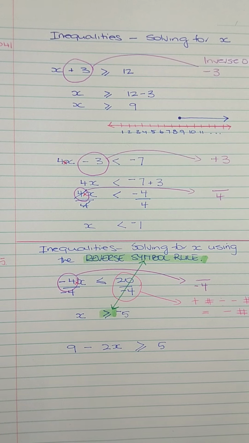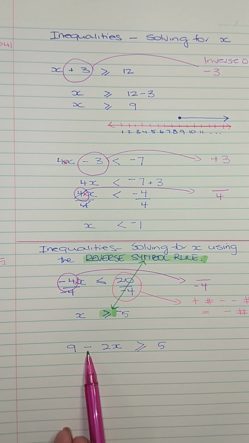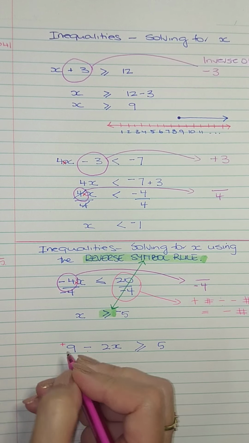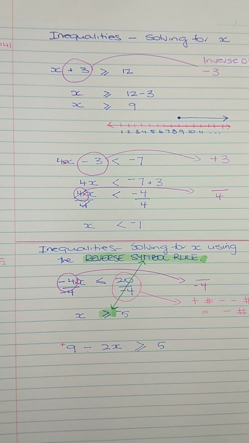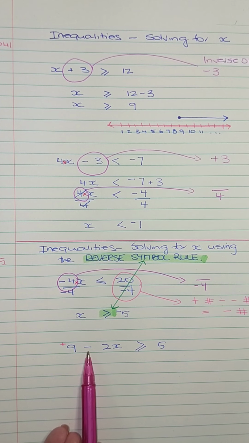A lot of people will immediately look at this 9 minus and think that the inverse operation is to add 9 to this inequality, but that would be the wrong thing to do, mainly because there is actually a positive symbol here. So this is a plus 9. It has got nothing to do with this symbol over here.